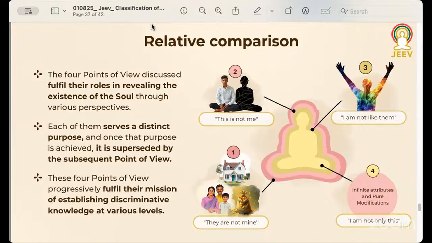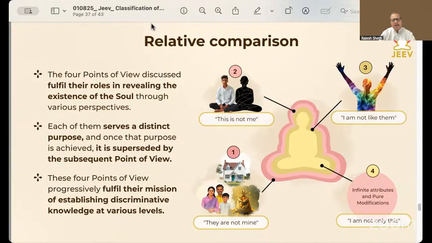And then when we go further to the fourth level, number four, that partial pure modification becomes 100% pure modification and the distinction of attributes. So gradually we are moving towards the pure soul. All these four statements depicted the nature of the soul in different manners from different perspectives.